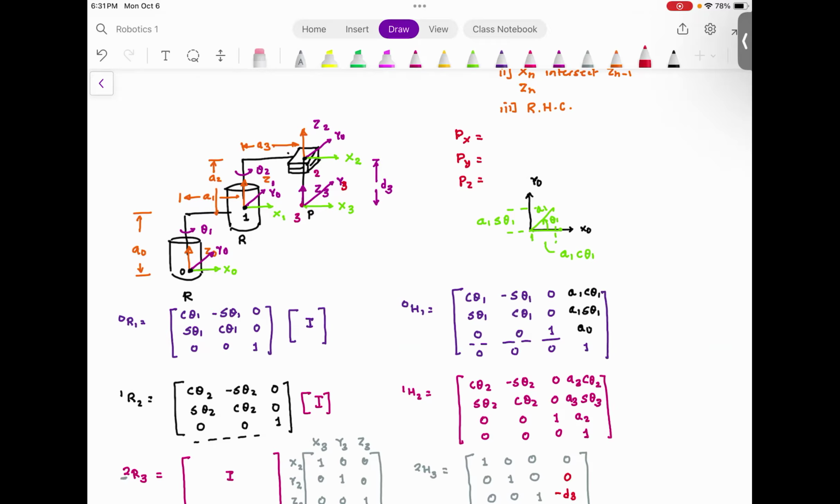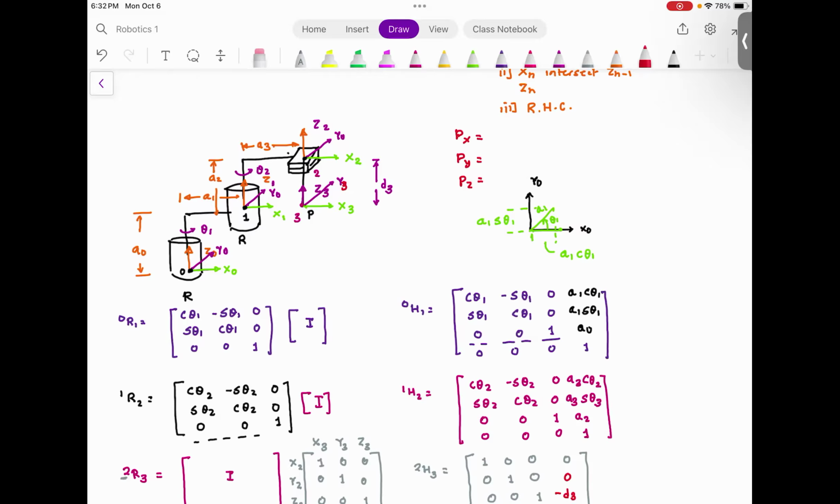How many of you can think about it? You don't need pen and paper. Just look at the robot and find out. Z is A naught, you guys agree with me? So let's start with Z. It's very simple. A naught is positive, A2 is positive, and then you are coming down by D3.